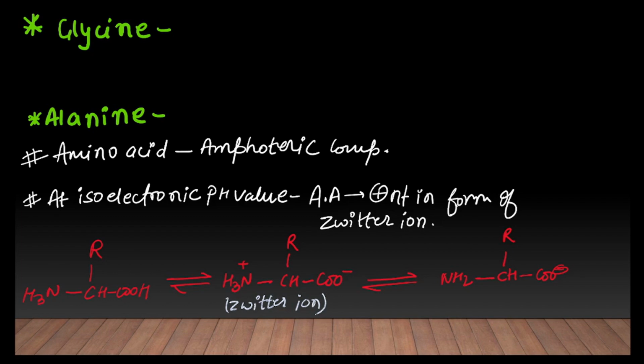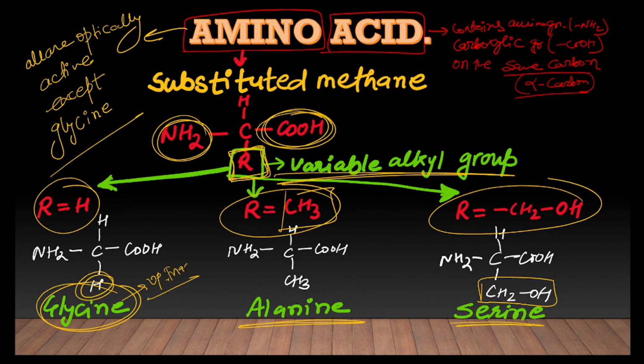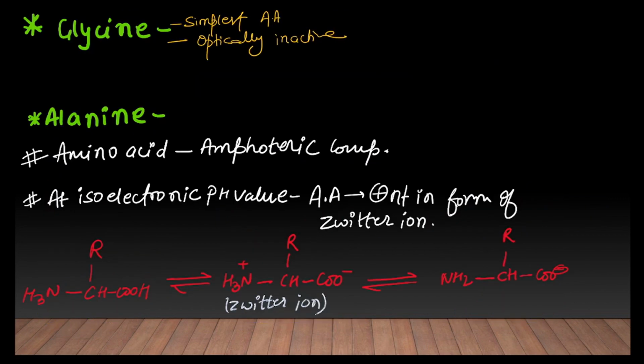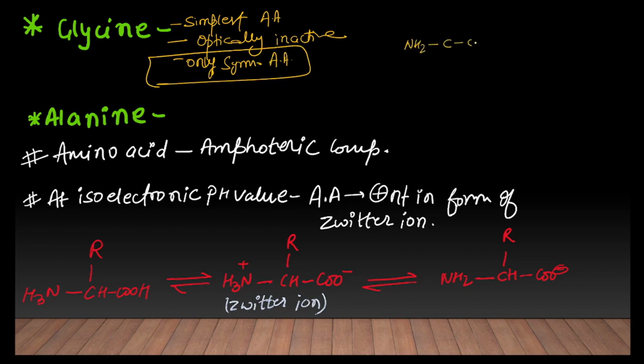Now, about glycine, NCERT gives two to three points. It is called the simplest amino acid, the first point. The second point is that it is optically inactive. Listen, and write down all this in your notes book. It will be very easy for you. And it is the only symmetrical amino acid, because the structure is like that, NH2, COOH.